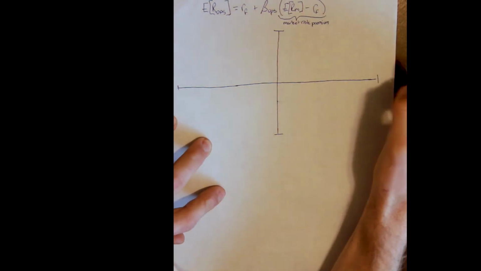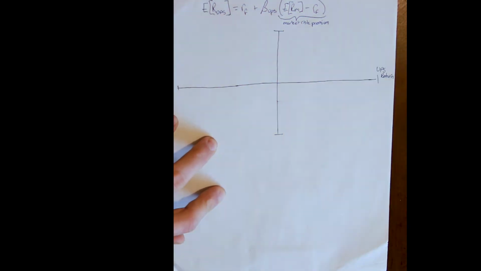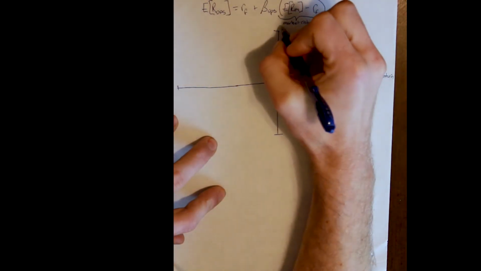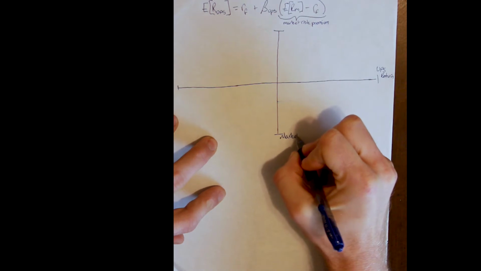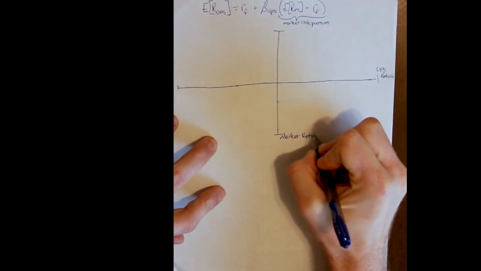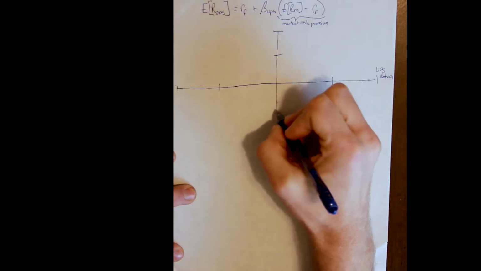Okay, so on the x-axis here, I am going to write UPS's return in a given month. And on the y-axis, I'm going to write the market return, so the average return on the US stock market in a given month. I'm going to be a little bit hand wavy here, so we're not going to make our graph super accurate.